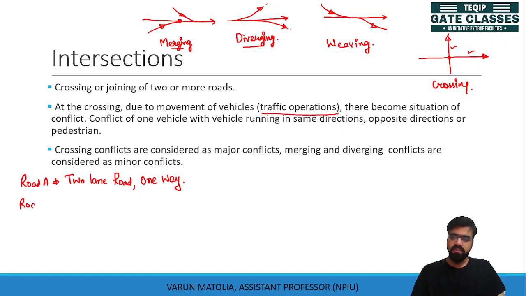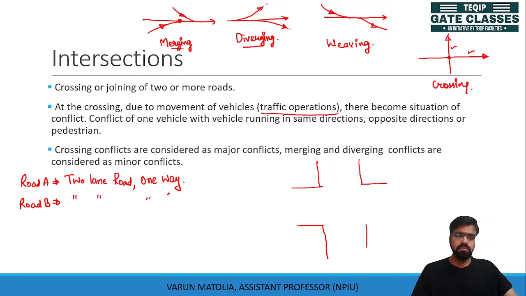Then road B, which has an intersection with road A, is also a two-lane one-way road. So how will this look? Let us say this is an intersection.